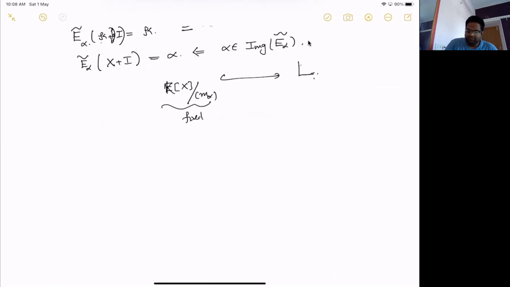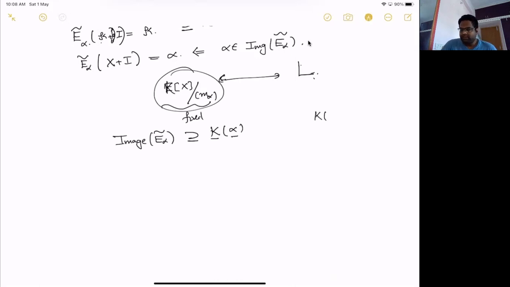It is injective, and therefore the image of this contains K of alpha, the field generated by K and alpha. So remember the definition: the field generated by alpha is the smallest field containing both alpha and K.